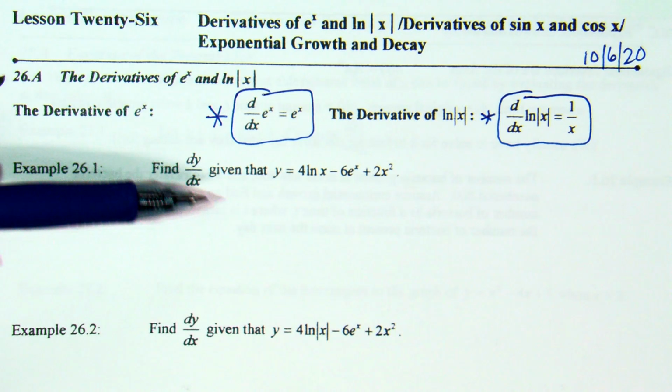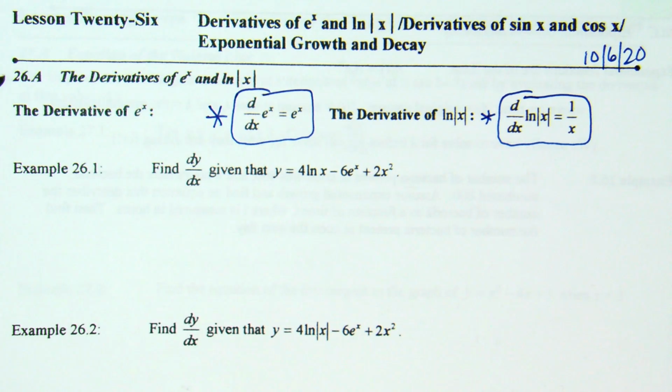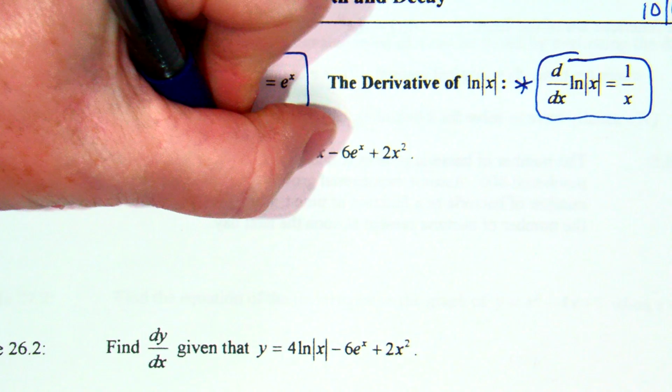So, find dy dx given that y equals 4 natural log of x minus 6 e to the x plus 2x squared. We're just going to include all rules right off the bat. So, dy dx equals.